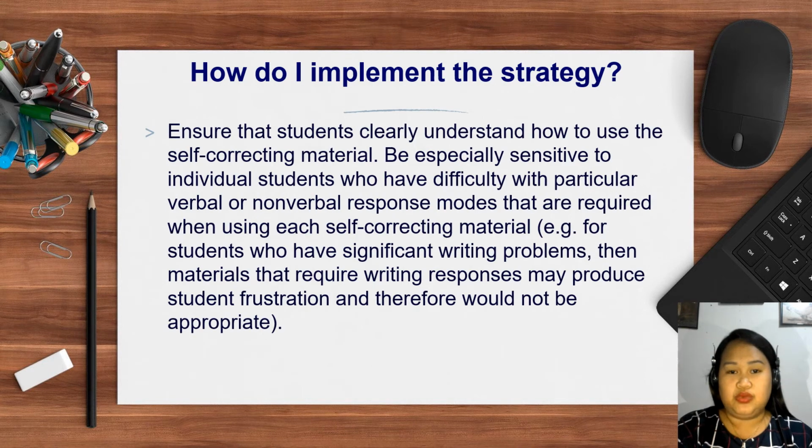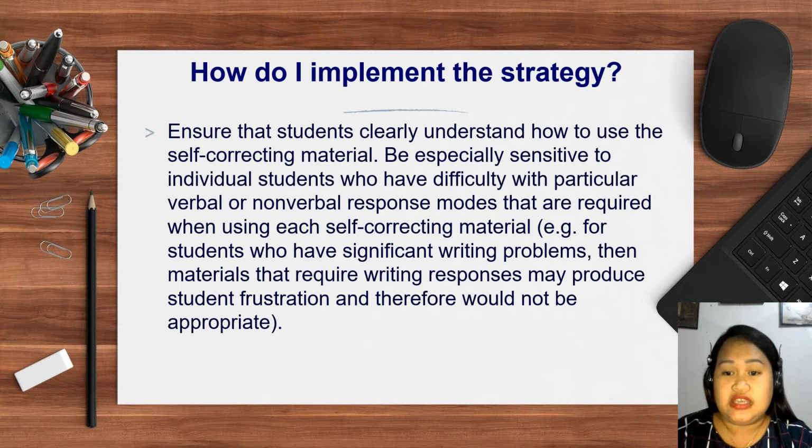Another way to implement the self-correction strategy is to ensure that students clearly understand how to use the self-correction material. So as a teacher, we have to let our students understand how to use the self-correction material objectively.